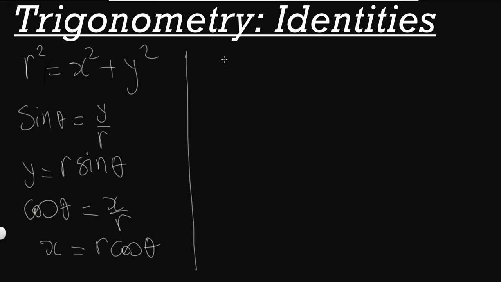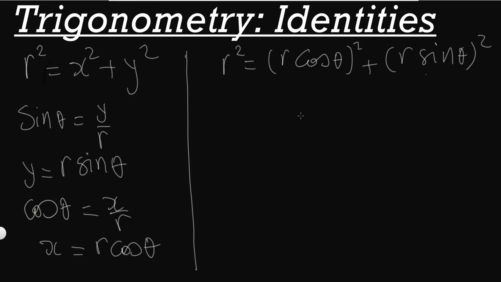We'll have r squared equal to, instead of x, you put r cos theta, all squared, plus y represented by r sine theta, all squared.